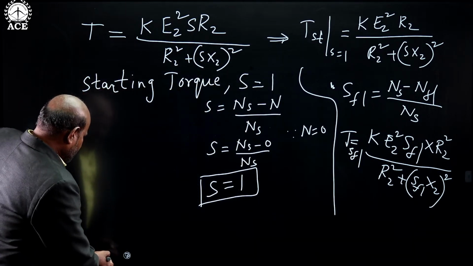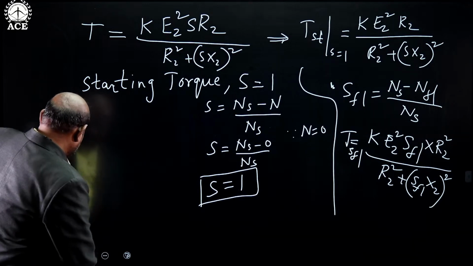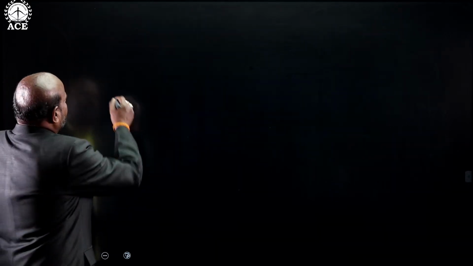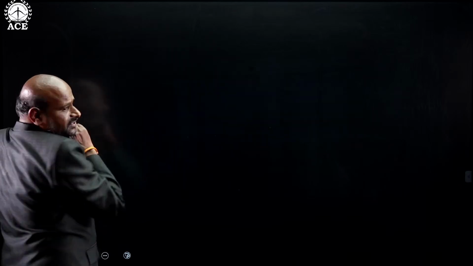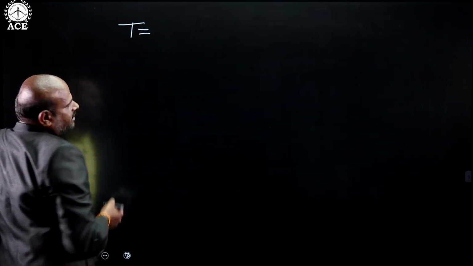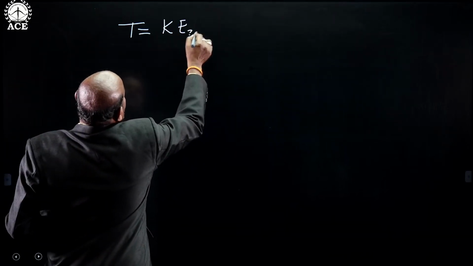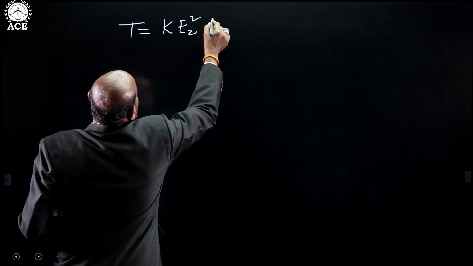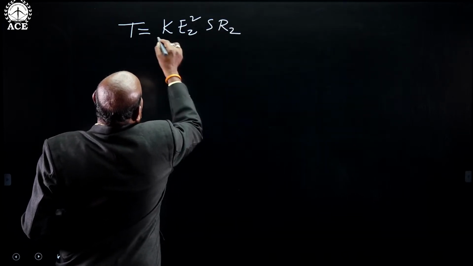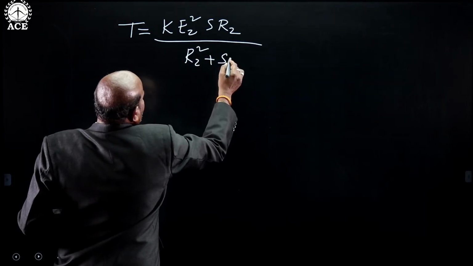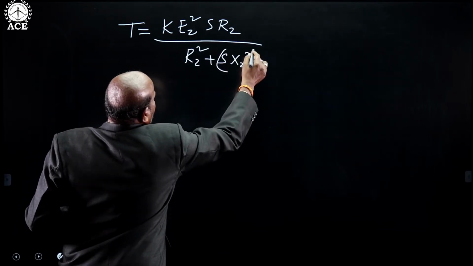Now you are going to derive what is the maximum torque. The condition for maximum torque: we have already derived the torque expression, T = K E2 square S R2 by (R2 square plus (S X2) whole square).